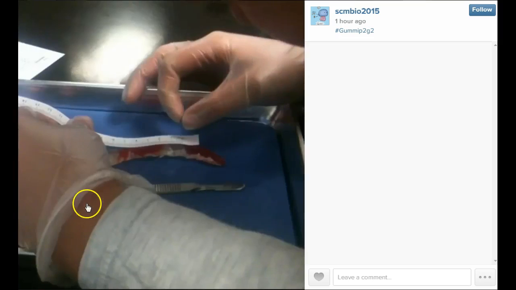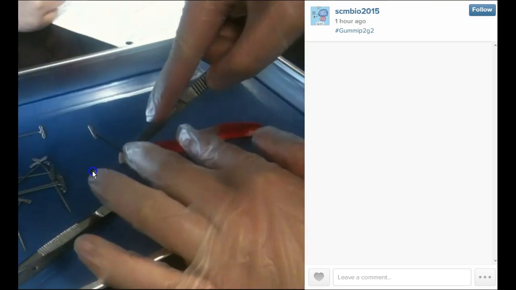So if I play this video and I pause it here, these students were told ahead of time that when they cut using the scalpel, especially here with the finger, their finger should not be in the path of the scalpel. If the scalpel slips for whatever reason, it's probably going to slice through the glove and their finger. So this is a really important point that I need to explain to my students.